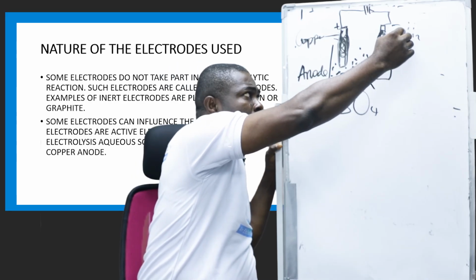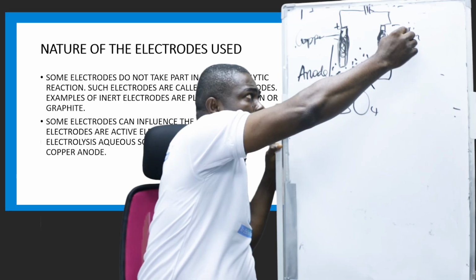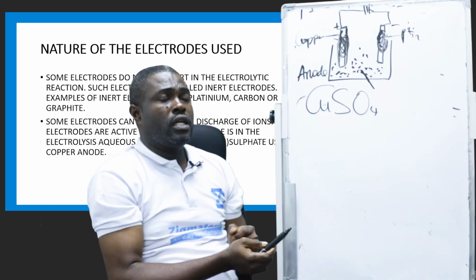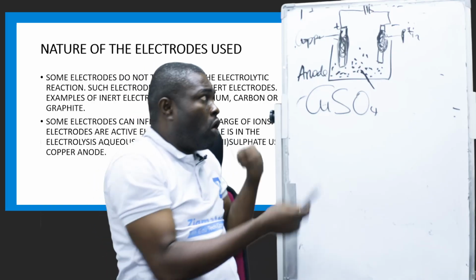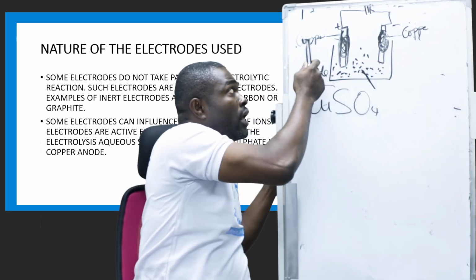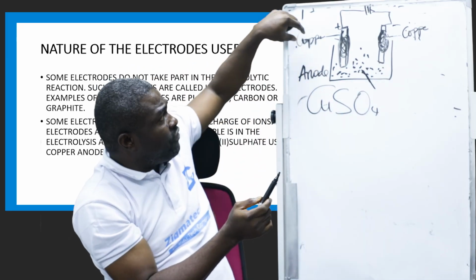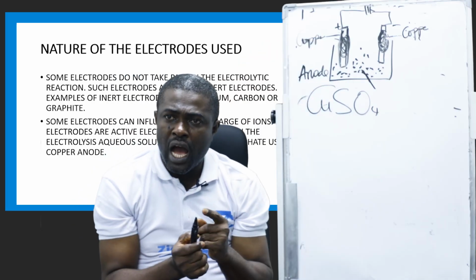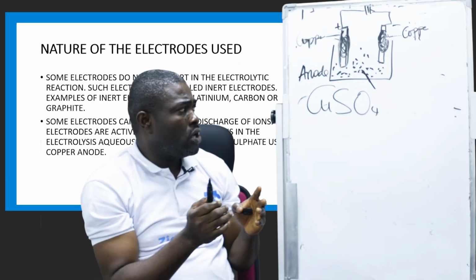Let me assume that this one is an inert electrode, or even copper as well. My interest is the anode here. If it is very active, it will affect the electrolytic process. How will that take place?